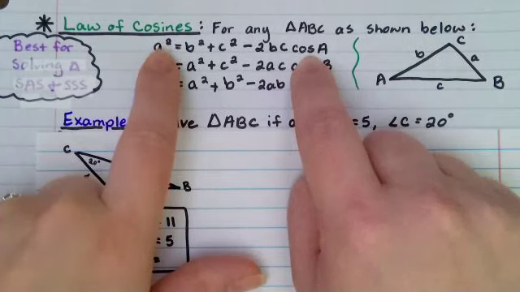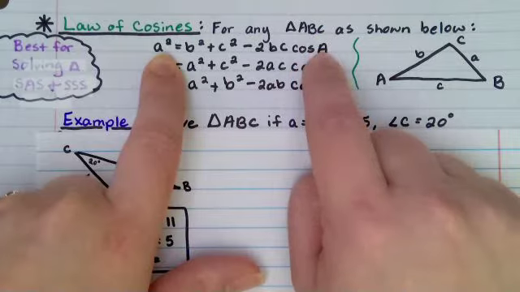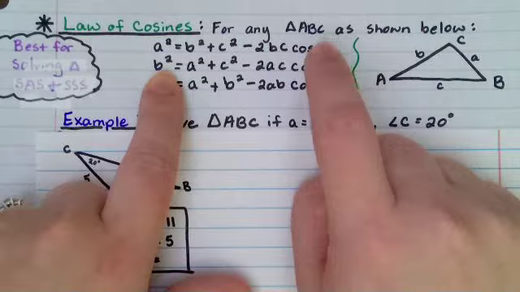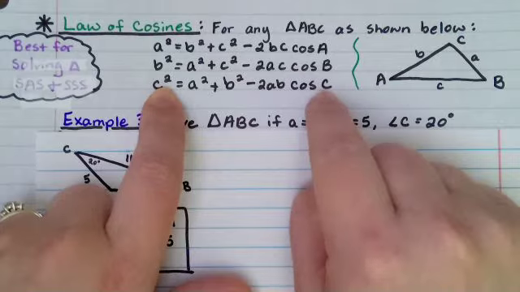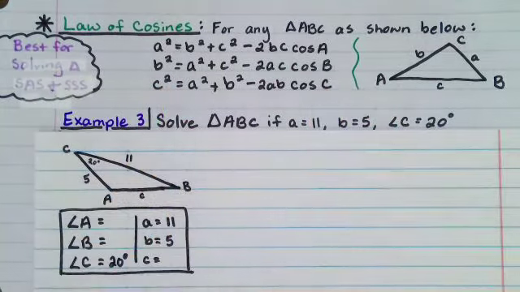Do you see how the side A squared starts this first equation, and then it ends with cosine of A? If you look at the next one, it starts with B squared, it ends with cosine of B. Starts with C squared, ends with cosine of angle C. So when you set up these things, that's going to be the pattern.